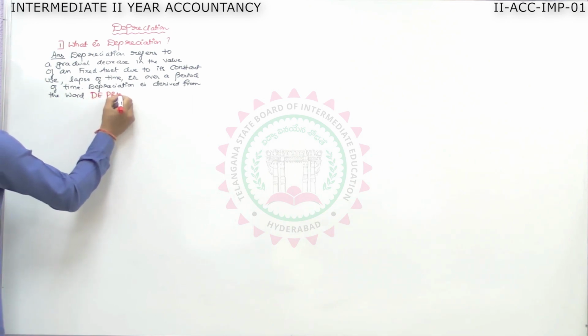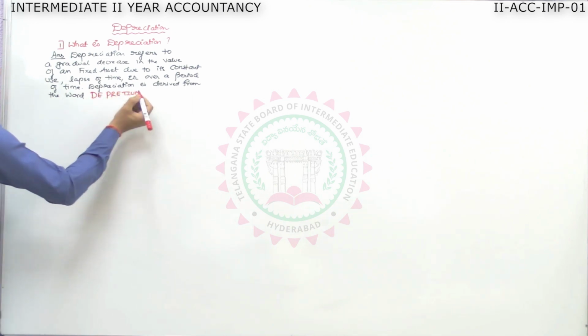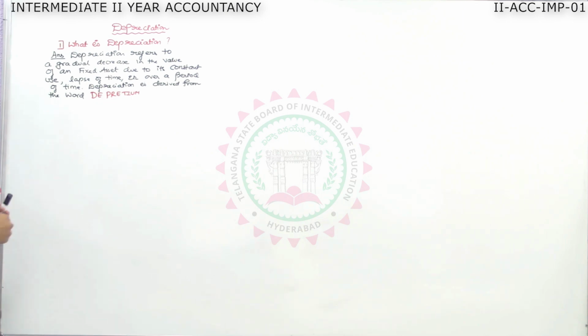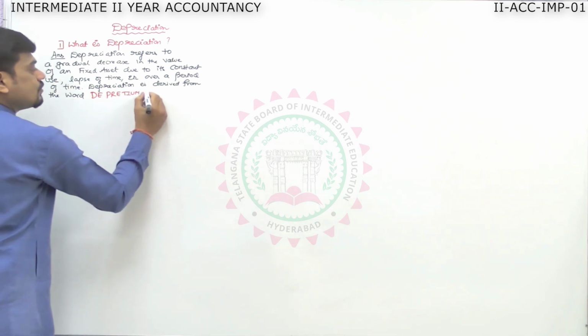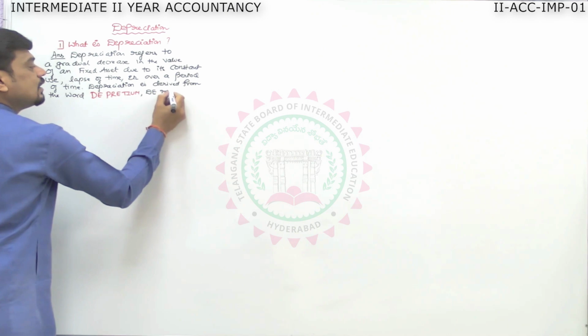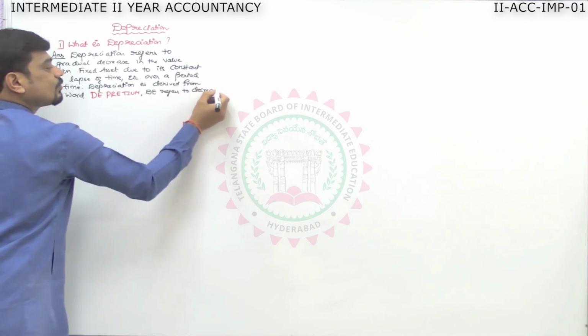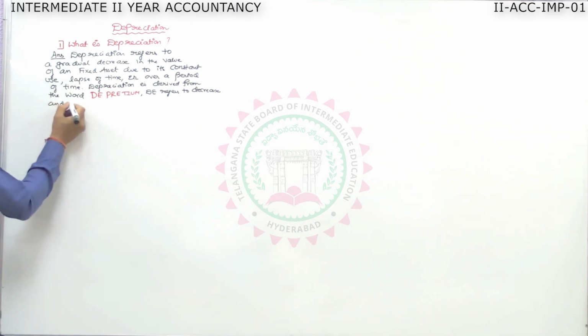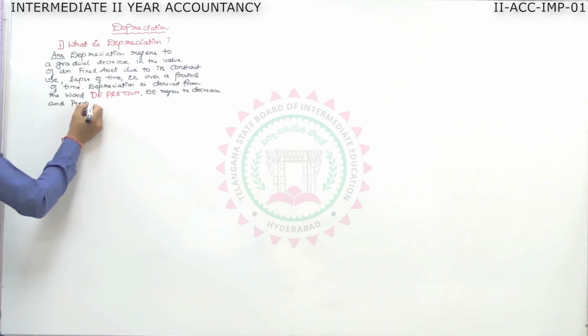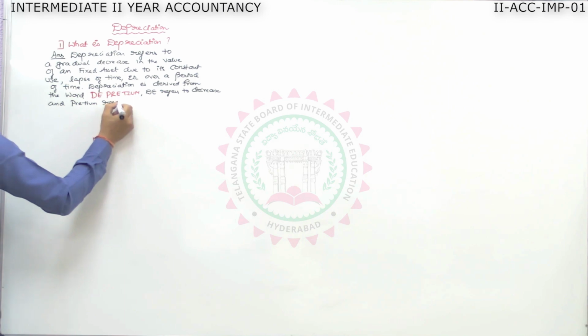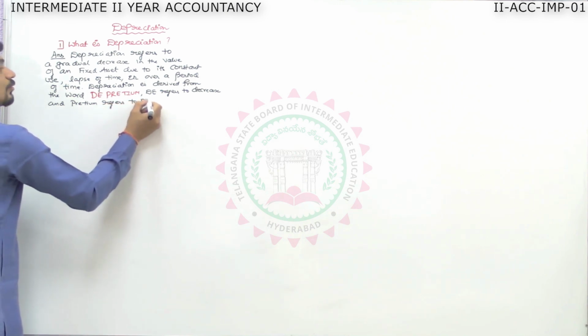If you want, you write. This will be an extra point in your answer. From the word depreciatio, de refers to decrease and pretium refers to price.